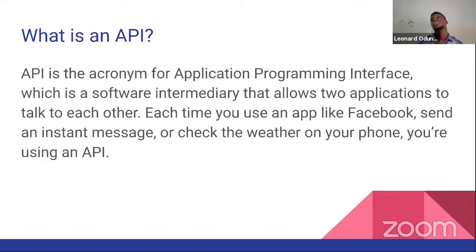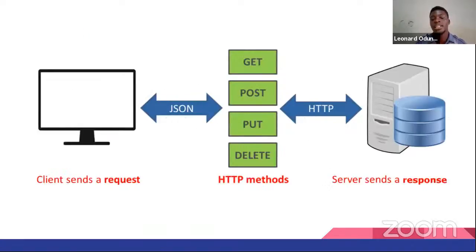Every time you use an application like Facebook or WhatsApp or iMessage, or you are checking the weather on your phone, there's going to be an API that is being used to deliver the data to you. This diagram is basically the journey of communication of data with the use of APIs.